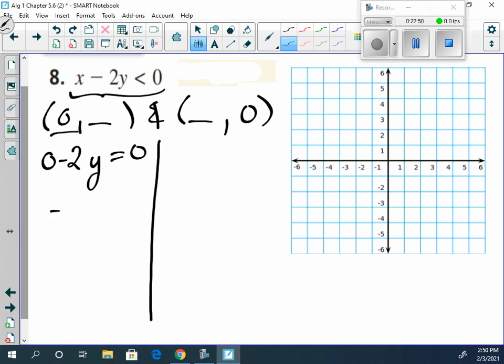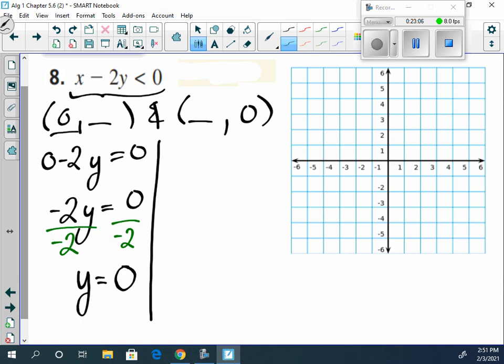So we just have negative 2y is equal to 0. So what can we do from here? So y would equal 0. Yep.